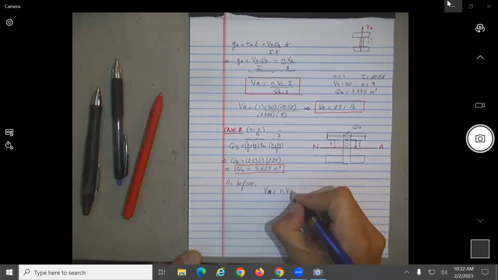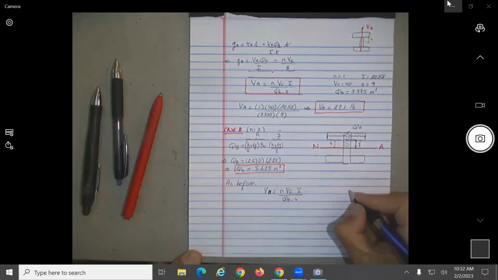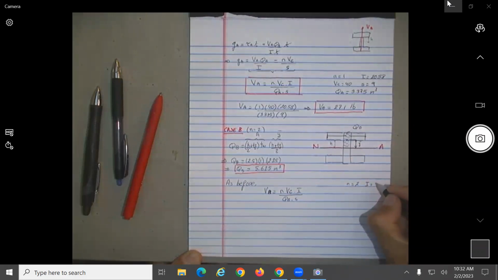N times VC times I divided by Q sub B times S, where in this case N equals 2, I is unchanged, 20.58, VC is 40, S is 9, Q sub B is 5.625.